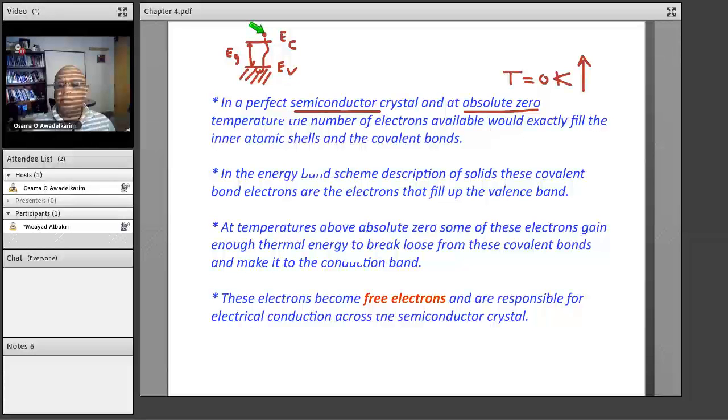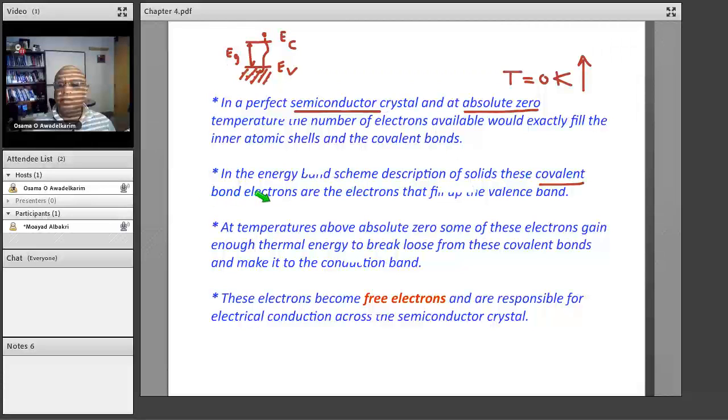Now, if we don't have this, then all these electrons here in the valence band, look, the term valence comes from covalence, from covalent bonds, right? Similar word. All these electrons here in the valence band are occupied in the covalent bonds.